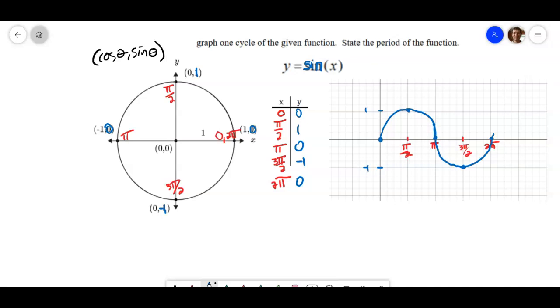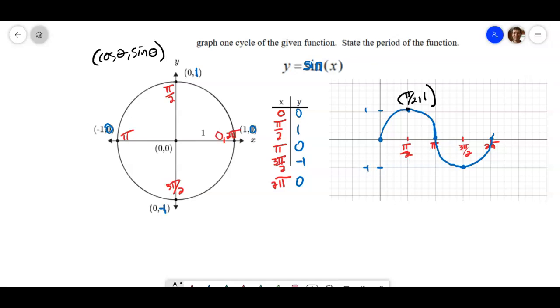It is not a straight line, kind of a sawtooth wave. It's a sine wave. And that's approximately the graph of the sine. So this point right here would be pi halves, 1, which we got from the angle pi halves. The sine value was 1.